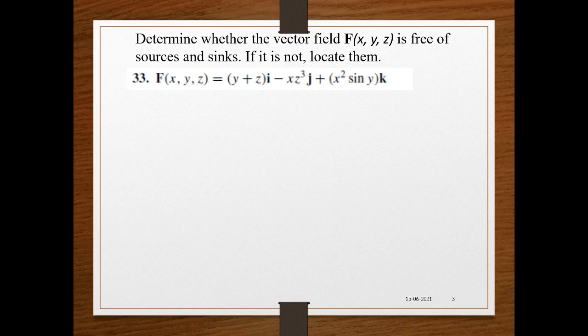If there is a source or sink, we have to find that point. So given F(x,y,z) = (y + z) i - x z cube j + x square y k.